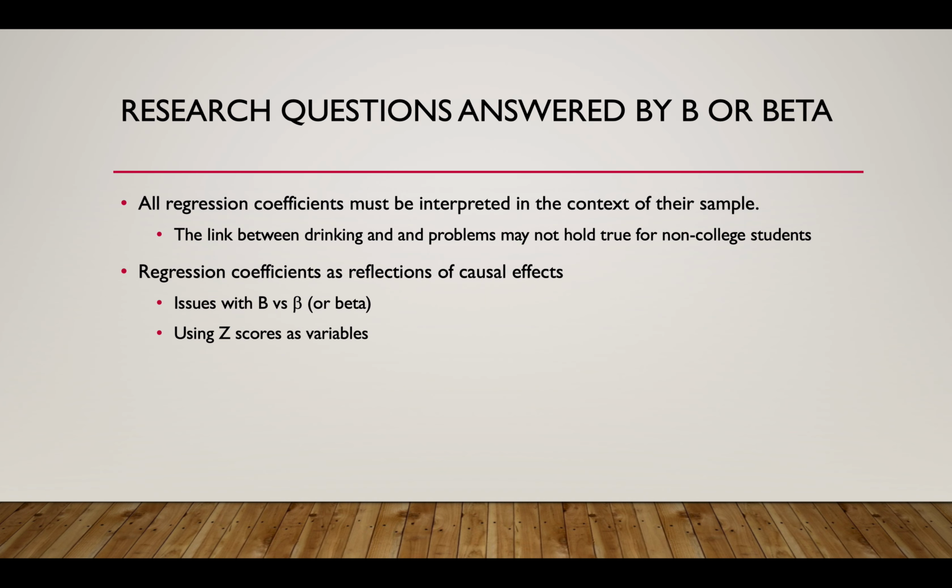In class, we're going to convert our variables to z-scores, and we're going to look at regression both using z-scores and not using z-scores, and also look at correlations using z-scores and not using z-scores.